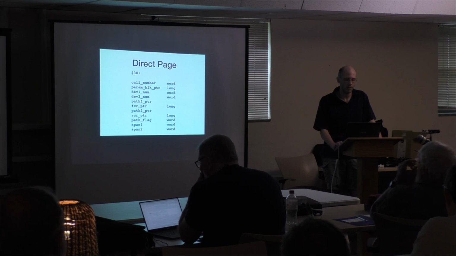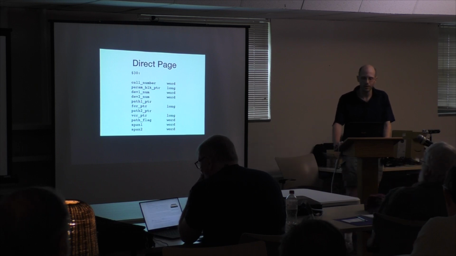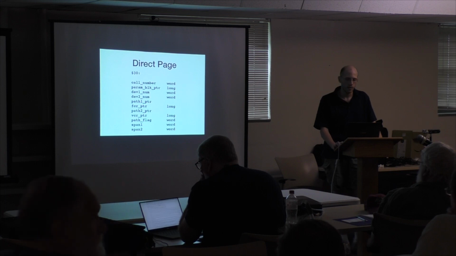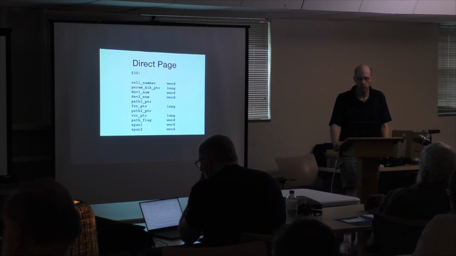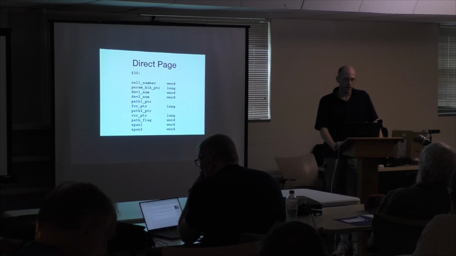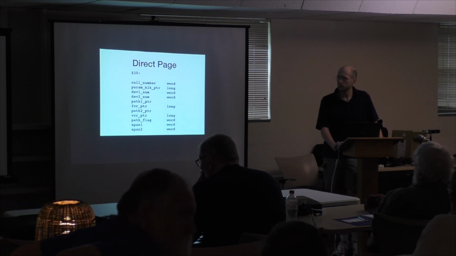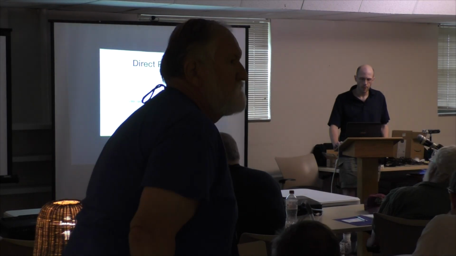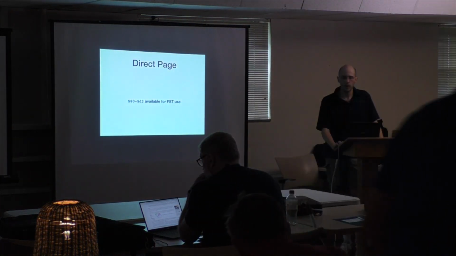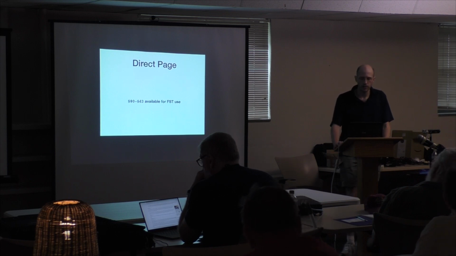And we'll get into the file control records and volume control records in a bit. A path flag, which indicates which of the paths are valid. It may be one of them or 2 of them or none of them are valid. And span 1 and span 2, I'll get to those in a moment. Then direct page 80 through D3 is available for the FST to use as it sees fit.